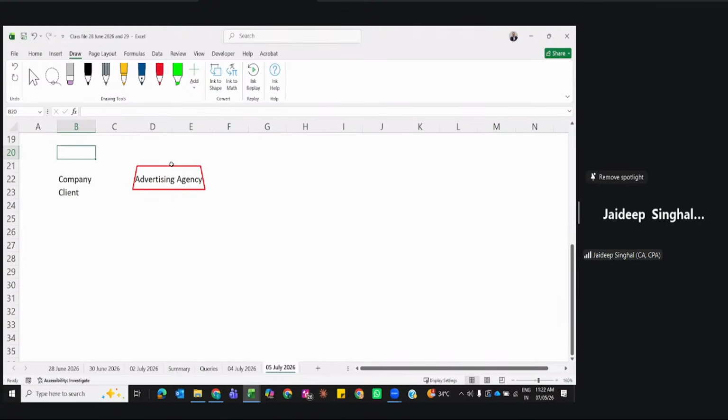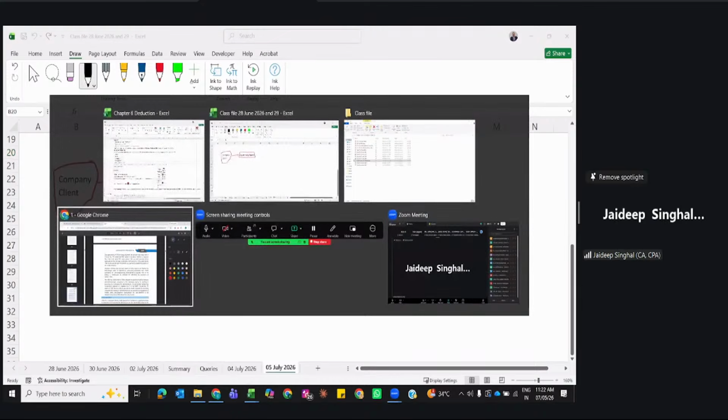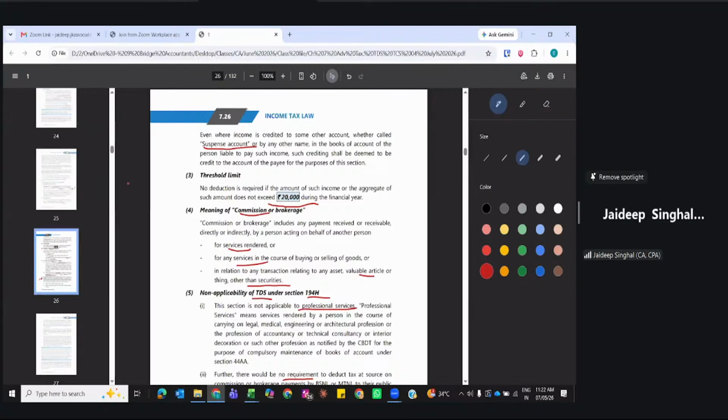So if you are paying for the advertisement, is it covered in 194H or 194C? You tell me. If you are paying the advertising agency, it is covered in 194C, because in the definition of work, advertising was the first thing included, right?